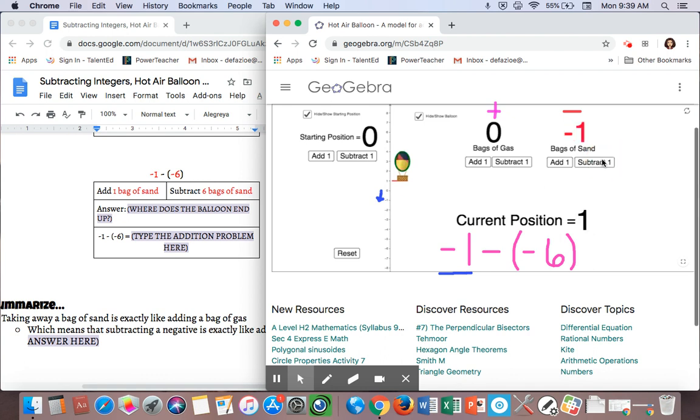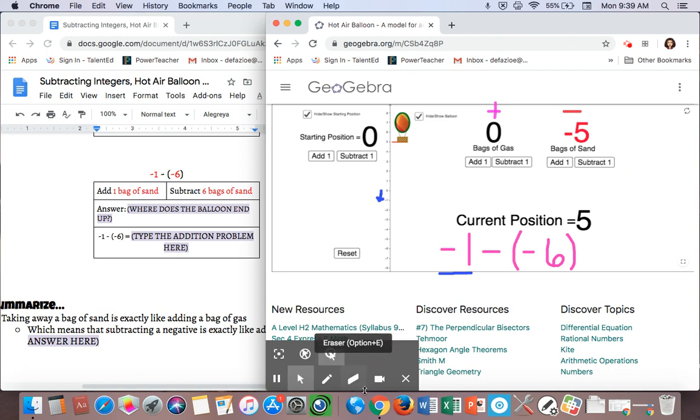1, 2, 3, 4, 5, 6. My balloon went up a lot. I subtracted a negative 6. Notice how I went from this negative 1 starting point up positive 6 all the way up to positive 5.